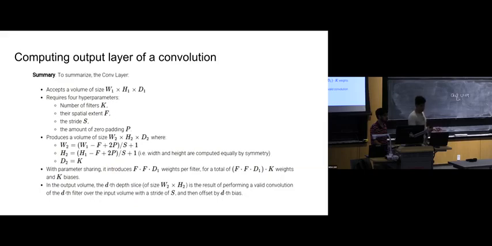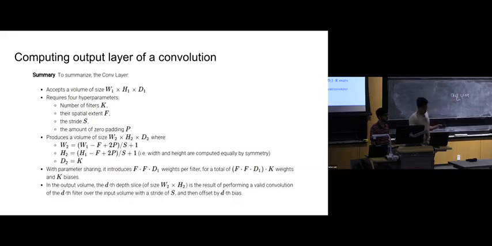If we have an input layer containing a specific width, height, and depth, and we have a convolutional layer with k filters, a spatial extent, which is just its dimensions, width by height, a stride, meaning how many units to skip when sliding across that layer, and zero padding, the output layer would be given by the following formulas.